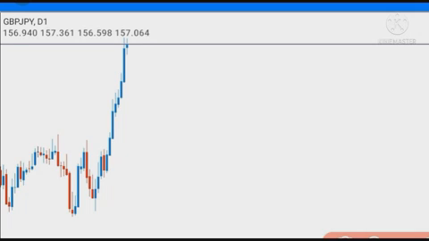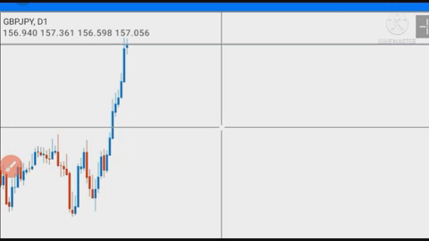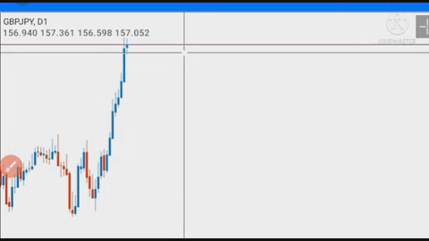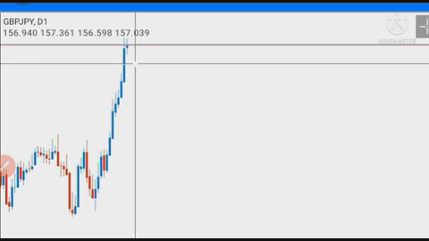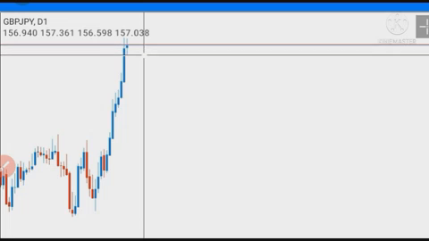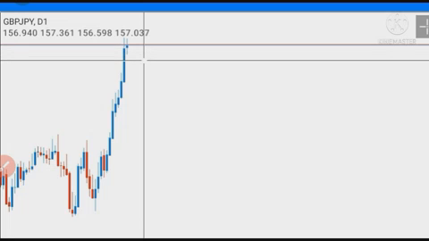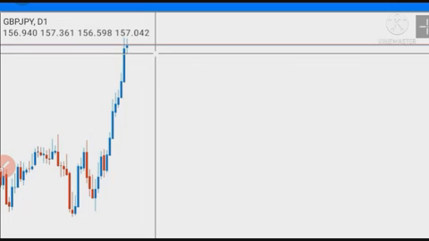So, inefficiency in price. For instance, let me show you what I mean by inefficiency in price. Take a look at this. These three candles. Number one, number two, number three. Now, look at the high this week of this number three candle.